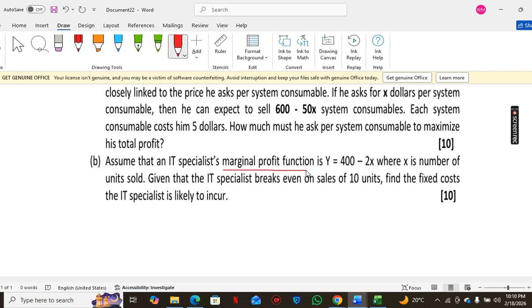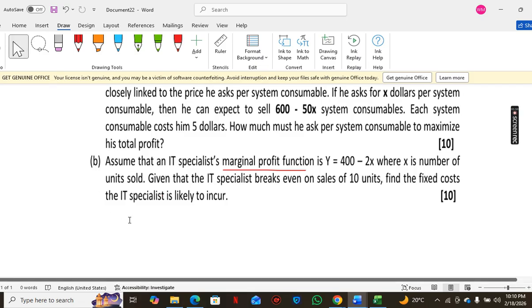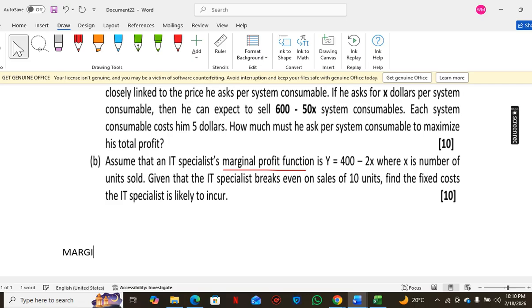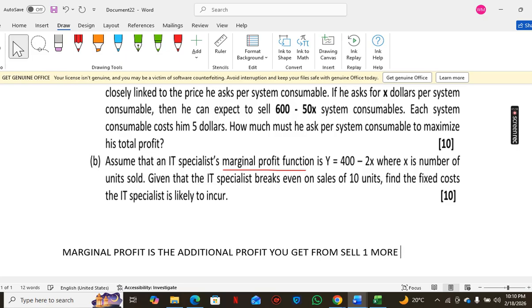So marginal profit is the extra or additional profit you get from selling one more unit.